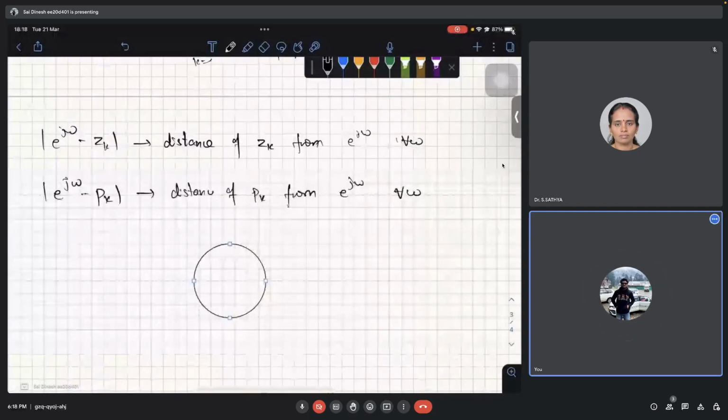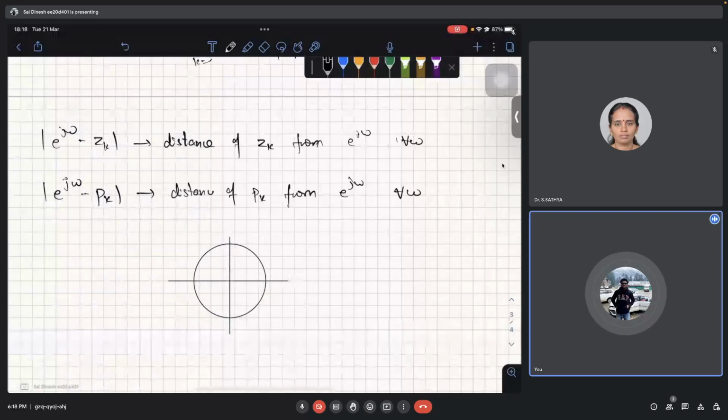So this is the pole and this is the zero, let's say. Let's say this is the ω0, so these are the values that we are talking about.